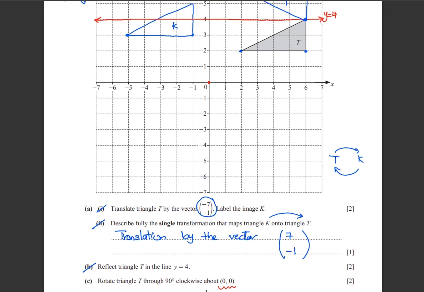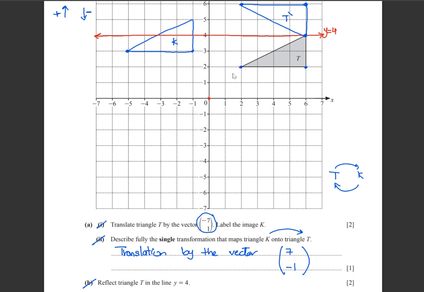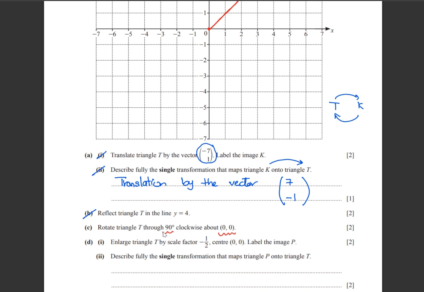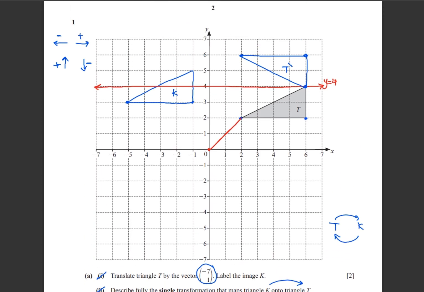Then join the start point with the center. I will start with this point, so I will join. Now what will happen? He said 90 degrees clockwise. Clockwise means this direction. So I am going to get my protractor and put it like this.